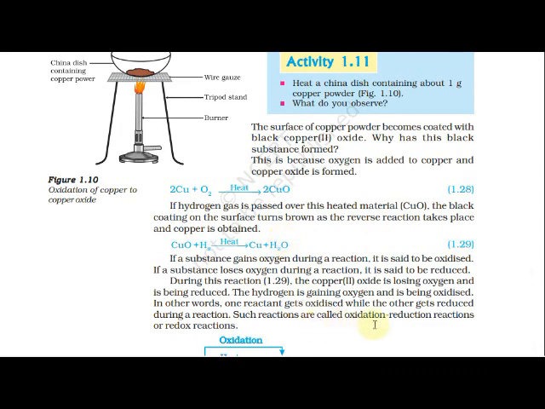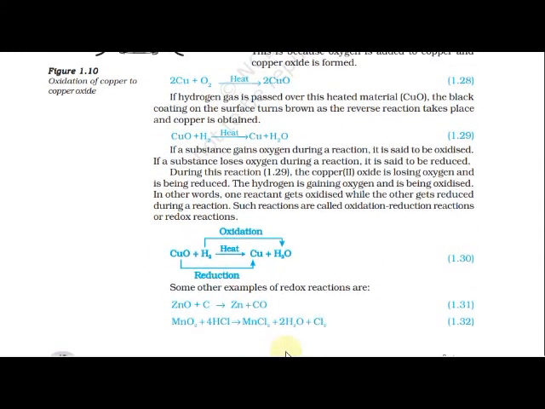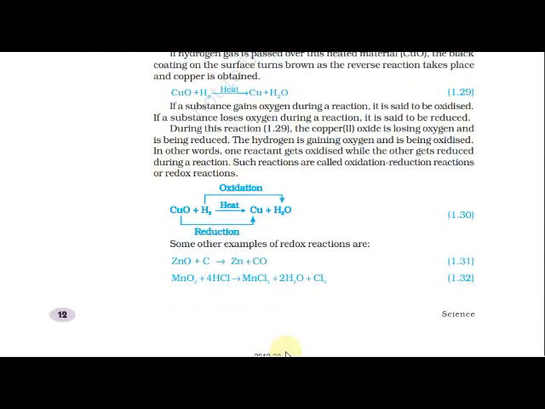Such reactions are called oxidation reduction reactions or redox reactions. What is meant by a redox reaction? Redox means reduction and oxidation. Here I have given two reactions. CuO plus H2, on heating, gives Cu plus H2O.